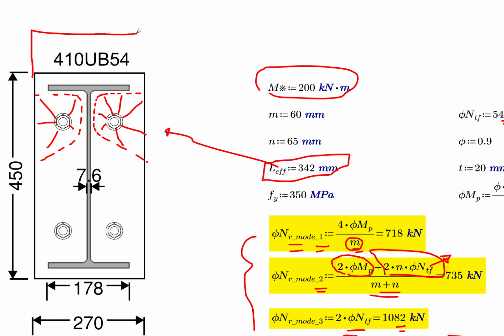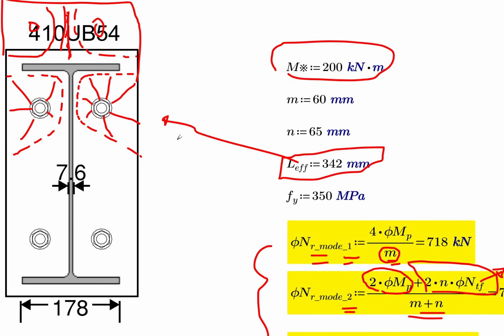Sometimes you have a bigger base plate with a bolt here and a bolt here, and you might have stiffeners here or not, so the yield line forms around here, and you have a different formula for your L eff. But sometimes I do estimations. From the center of the bolt to the edge of the yield line, that's m, and from the center of the bolt to the edge, that is n, or you can say e.